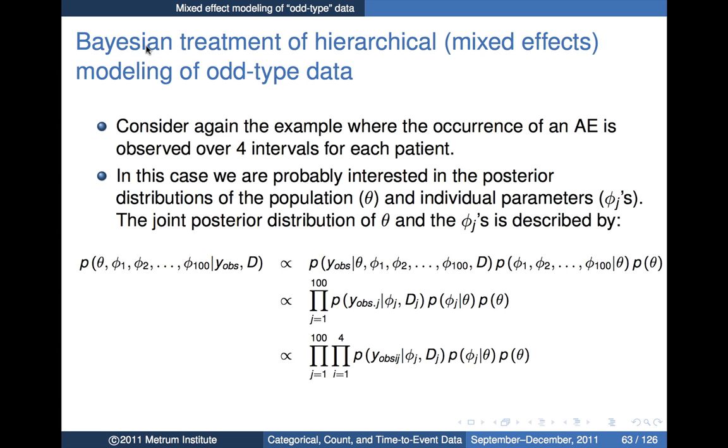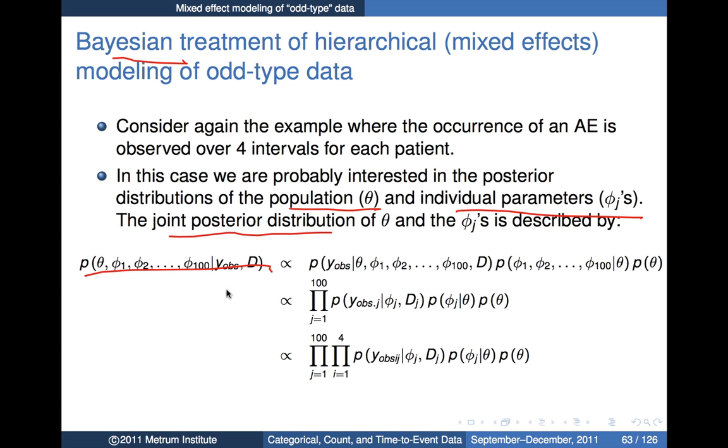Okay, so now we're going to put this in the Bayesian context. So we're going to take that same example. We've got our adverse events observed over 4 intervals in each patient. And again, the way we'll work with this is we're going to look at the posterior distribution of both the population and individual parameters in one go by constructing the joint distribution of both of those categories of parameters.